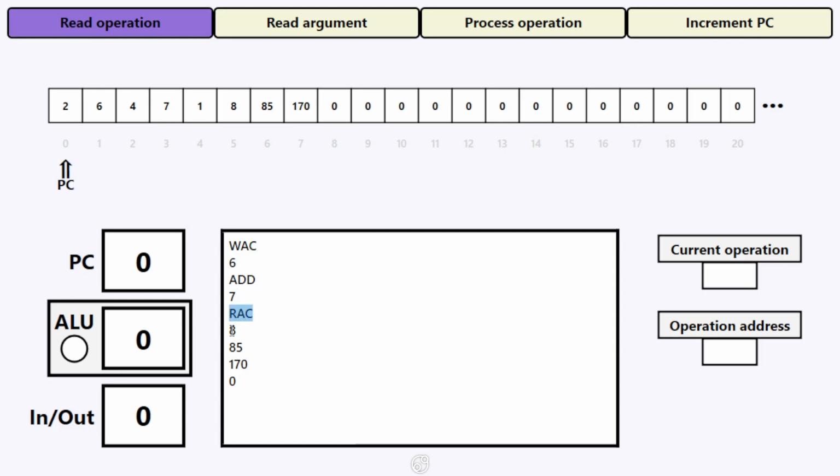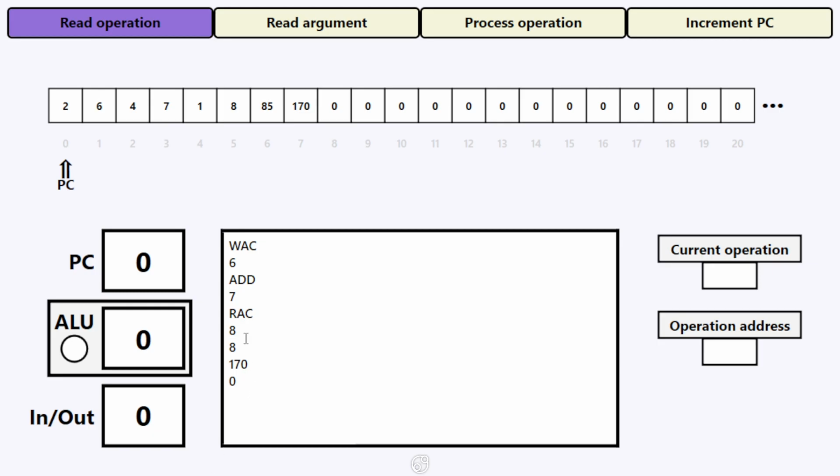Operation, address. Operation, address. Makes sense. These numbers, were they supposed to be operations? Probably not. I don't see any text in here, but maybe that was just a mistake. Maybe I just forgot to replace it. Let's say this wasn't an 85, but just an 8. So that's a valid operation in this computer, but it's not supposed to be an operation.